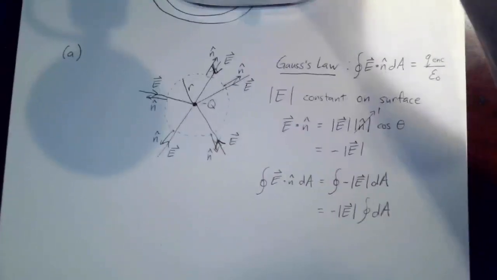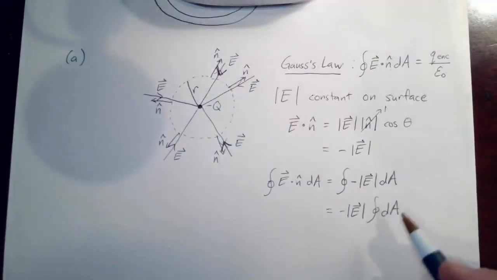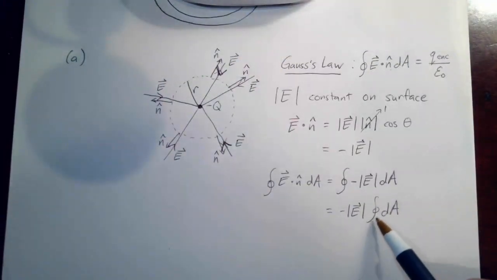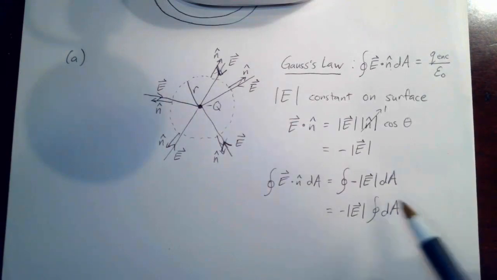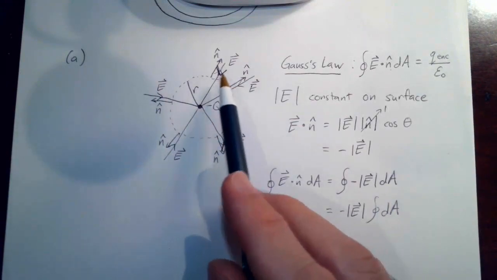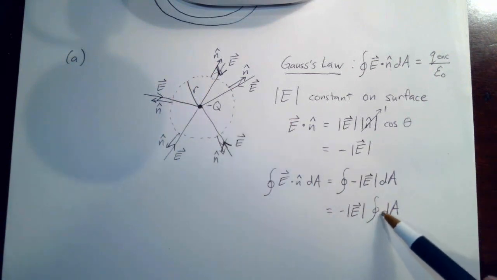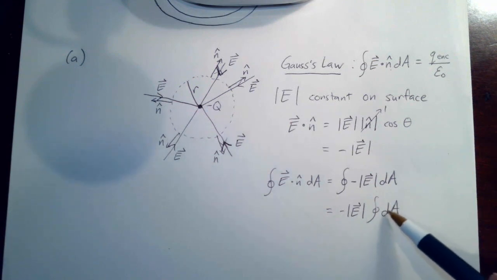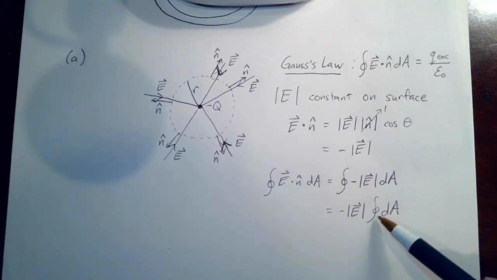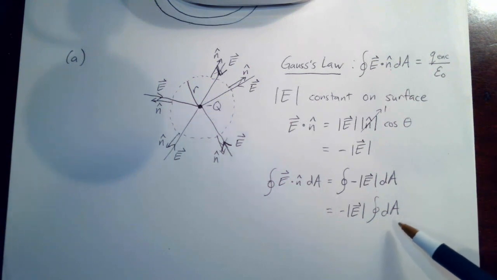And the integral is reduced to something very simple, which is, remember, an integral is a sum. So this is the sum of all the little small areas, all the dAs that make up the surface, and we're doing that sum over the entire surface. So by the time we've added up all the tiny areas over the entire surface, we have added up the total surface area.